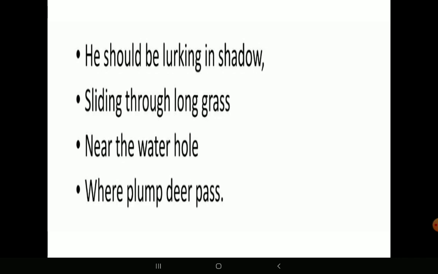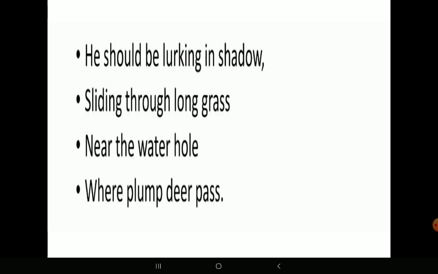because he's an animal of prey who hunts to eat, who hunts to live. So obviously the tiger would be hiding somewhere in the thick long grass and bushes so as to attack the prey. Near the water hole. Water hole here refers to some river or brook or rivulet passing through the jungle, where other animals also come to quench their thirst.